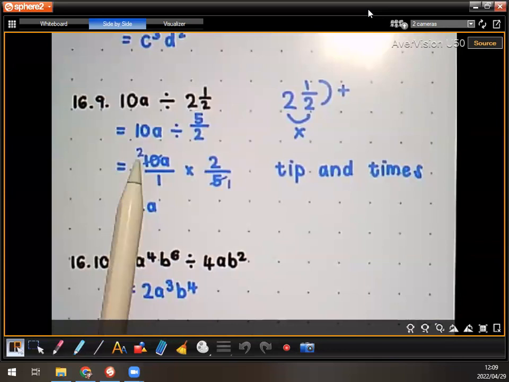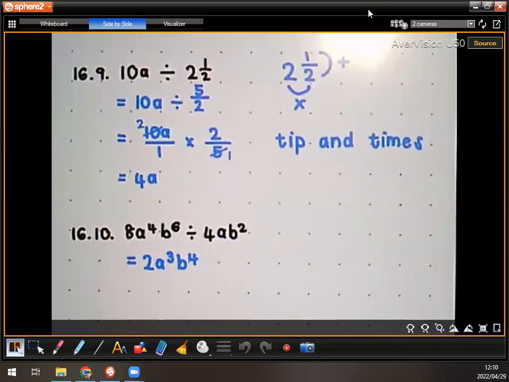And then what I also just did, and you will probably also remember this now that I'm mentioning it, instead of just working with 10a, you remember that we used to write it over 1. So we have a fraction times a fraction. All right. So that's what I did there. 10a over 1, I just wrote it as a fraction. And then I cross cancel, guys. 5 goes into itself once and into 10 twice. Right? So that 10 I was able to cancel out and 2 was in. So what do I have at the top? 2a times 2, which is 4a, and at the bottom just a 1.